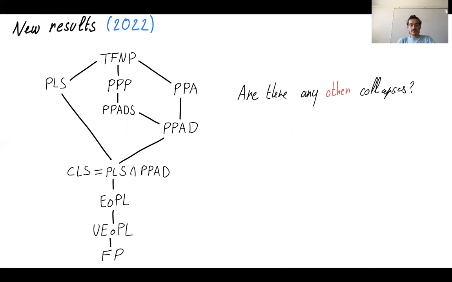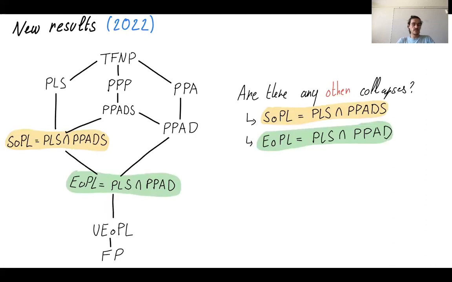And in this talk, we have two new results, and those are two new collapse results. So first, we show that the intersection of PLS and PPADS is equal to the so-called class Sink of Potential Line.